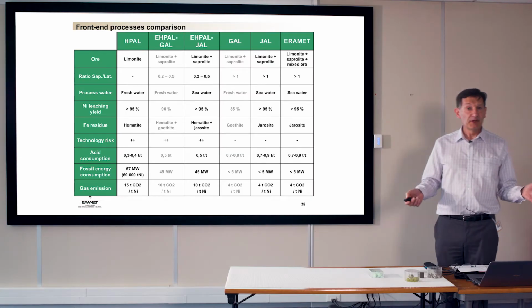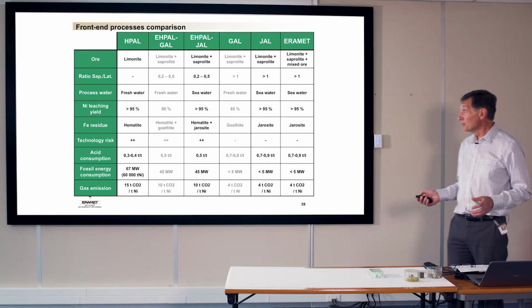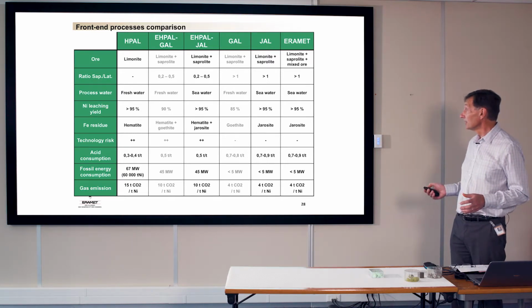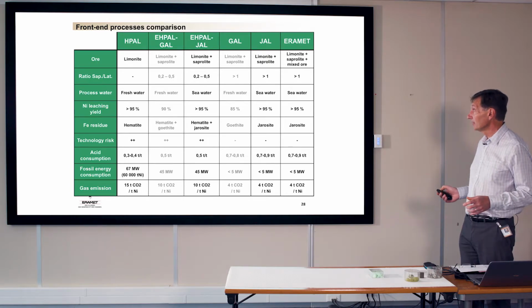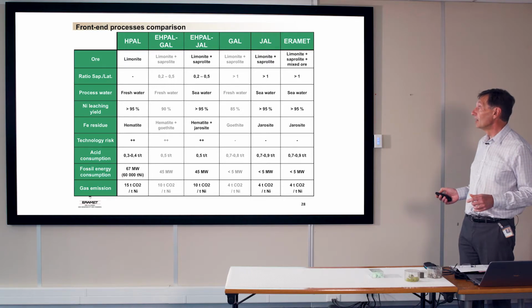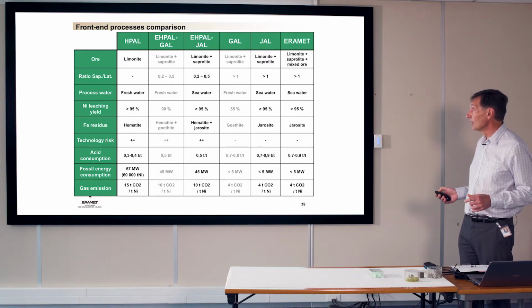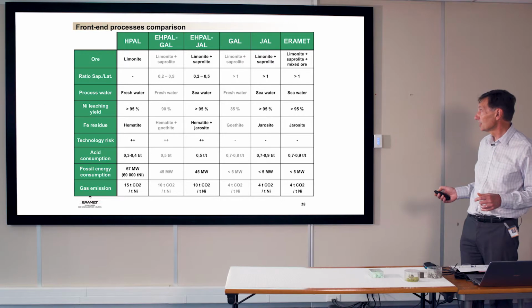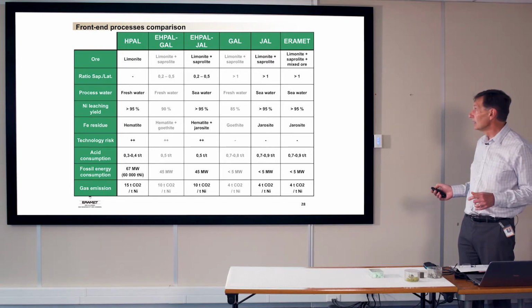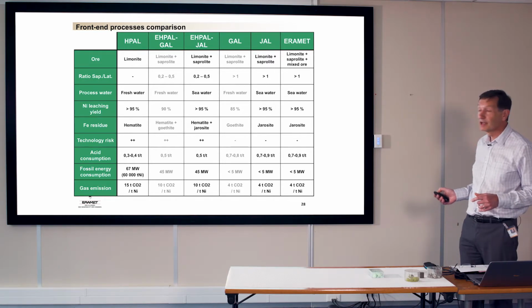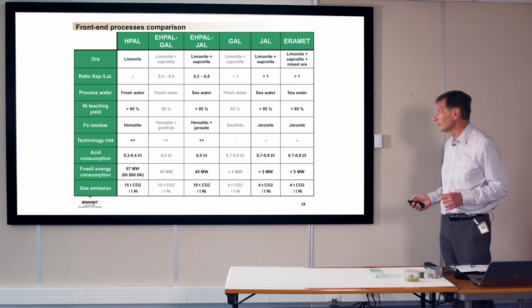With all this information, you draw these tables where you compare the different processes: HPL, HPL with precipitation of iron as goethite or precipitation of iron as jarosite, the atmospheric processes with goethite iron acid leaching, jarosite acid leaching, and the ERAMET process.